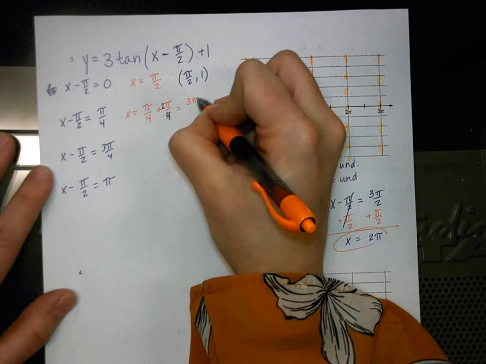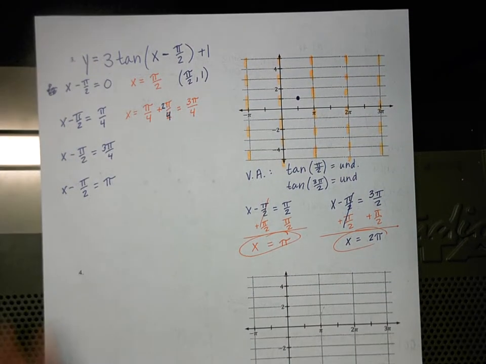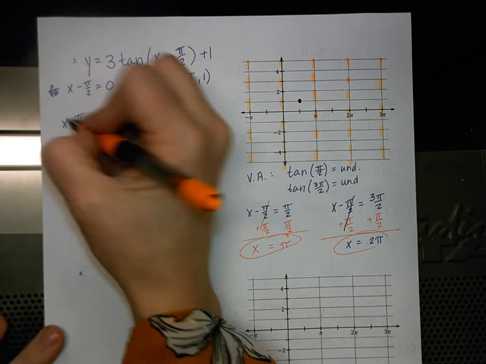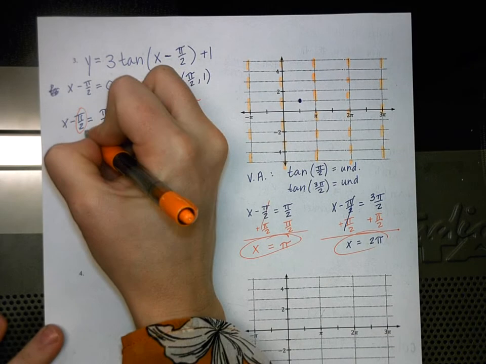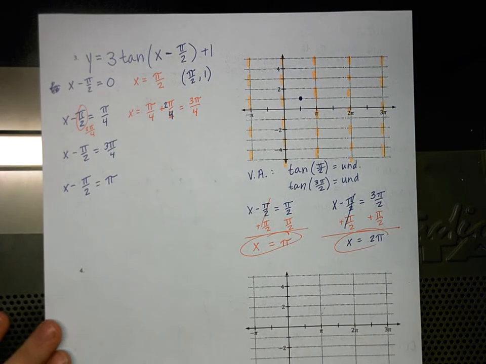And we get 3 pi over 4. I'm going to let you write that down for a second before we find the y value. We all understand that pi over 2 is equal to 2 pi over 4 if I multiply the numerator and denominator by 2.